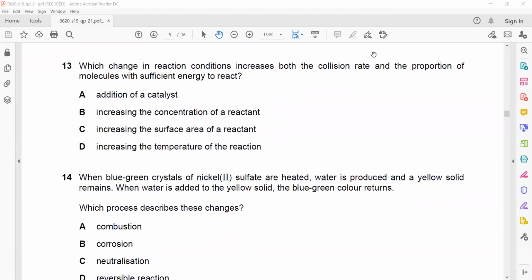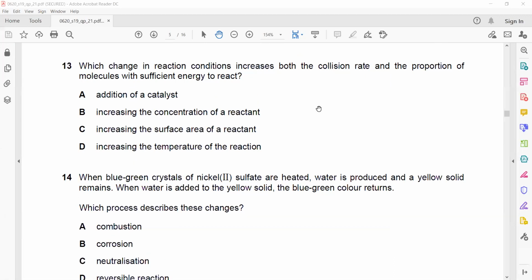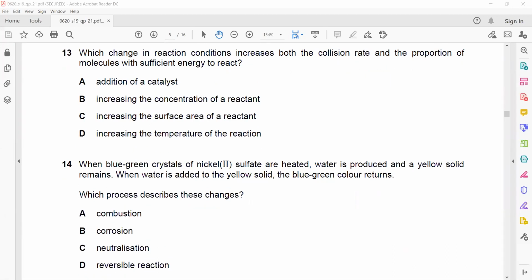Question 13. Which change in reaction condition increases both collision rate and proportion of molecules that have sufficient energy? D, sir. The temperature.